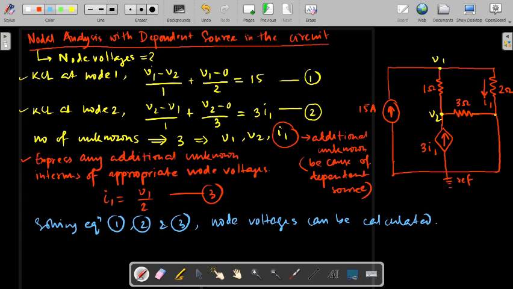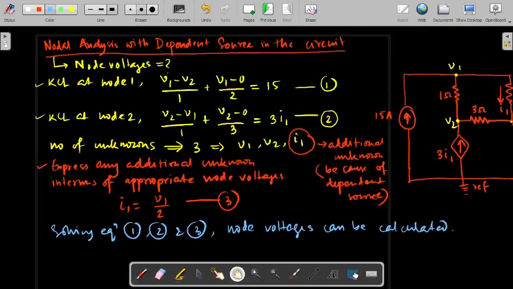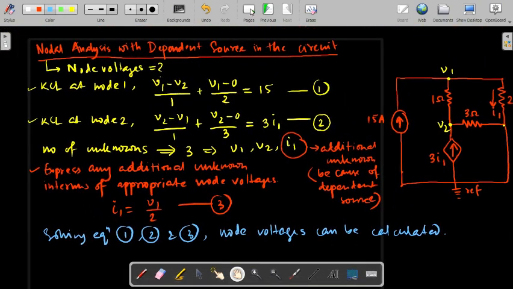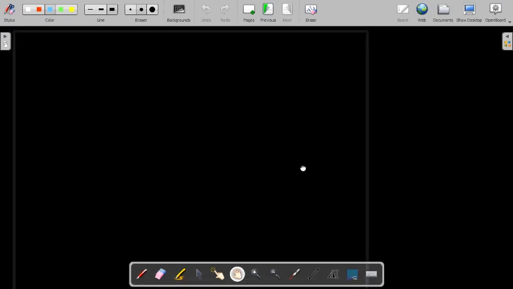But here I am telling you one very interesting thing. Once this is understood, you just see what differences are made whenever there are current sources present in the circuit and whenever there are voltage sources present in the circuit.